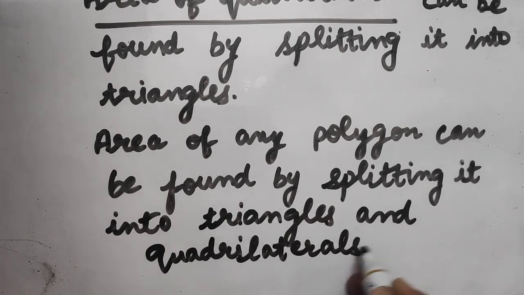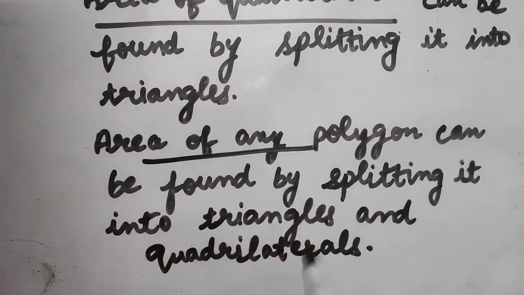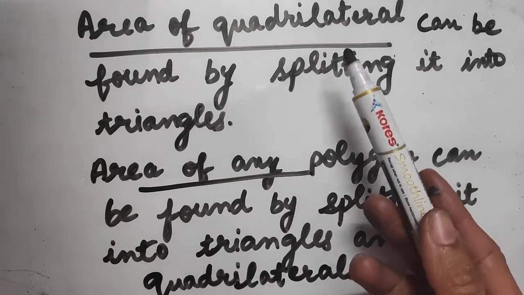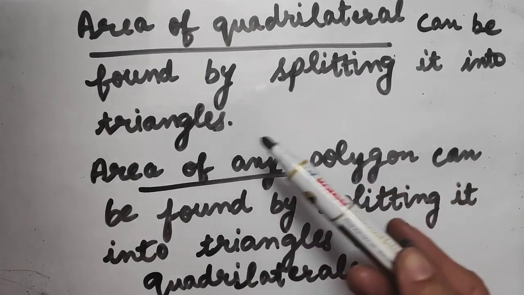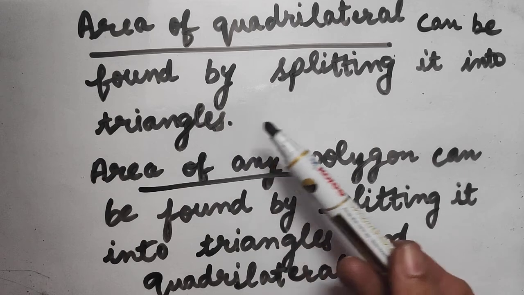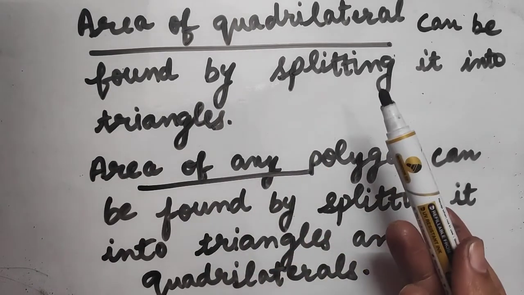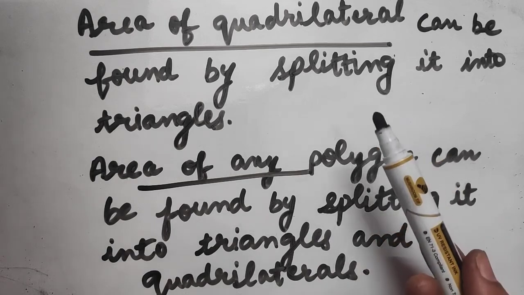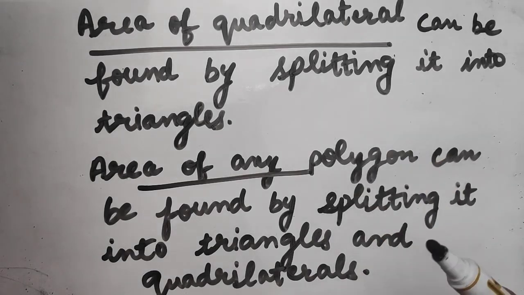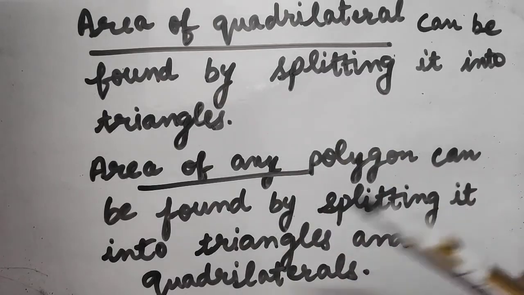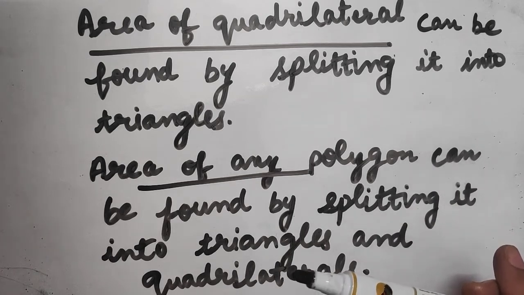So dear children, whether we are supposed to find the area of polygon or quadrilateral, basically we are supposed to split the quadrilateral or any polygon into triangles and quadrilaterals, because these are the areas we know very well. Area of triangle we know, area of quadrilateral we have derived also, we know the formula, area of trapezium, area of rhombus. So basically we are supposed to split these figures into figures whose areas or perimeters we are very well familiar with. So let us talk about now surface area concept.